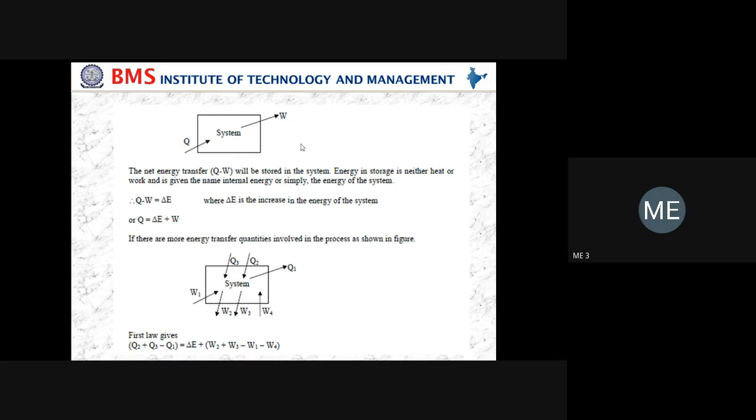So there are three types of thermodynamic system. One is a closed system, second one is open system, and third one is isolated system. In closed system, the mass of the system remains constant. There will be only the energy transfer that takes place between system and surroundings.